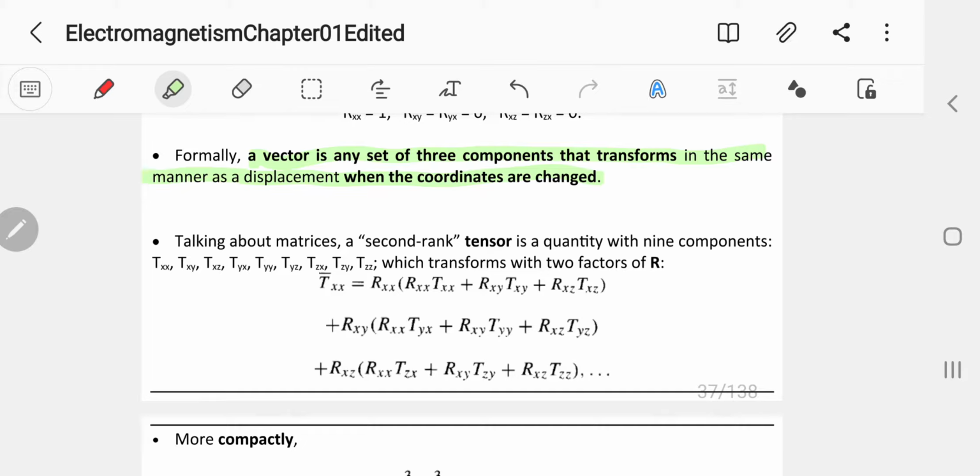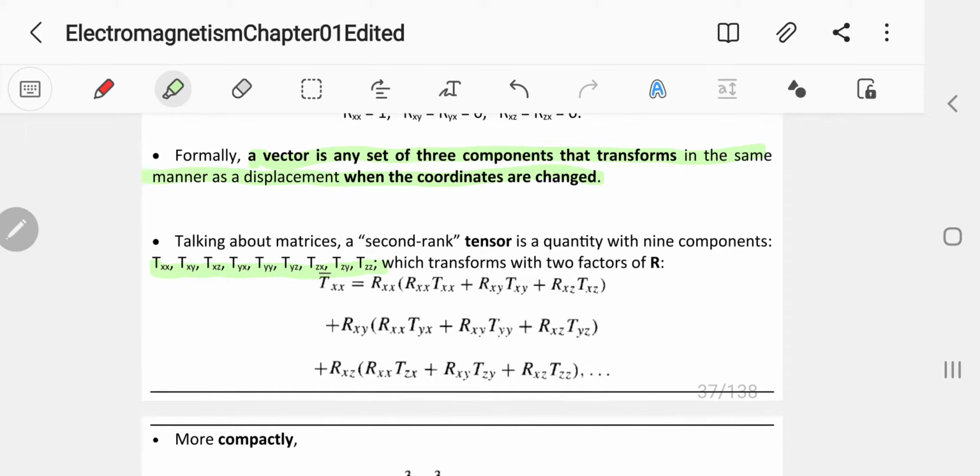For example, a vector is a rank 1 tensor, and when you have what we call a matrix, a quantity represented by a matrix, that is a second rank tensor that has 9 components.